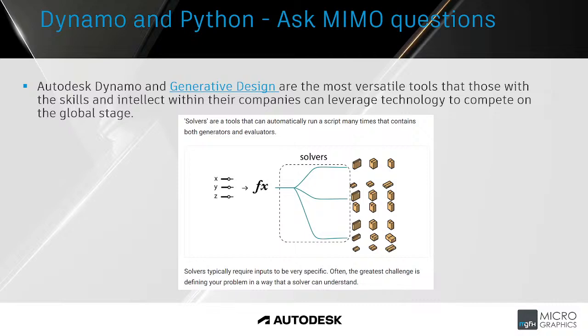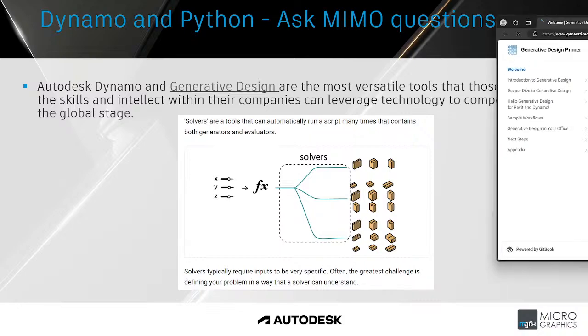And to use Generative Design, Dynamo and Python, you only need a Revit license. A Revit license is sufficient. You don't need an AEC license. And in essence, what is happening here is that the Generative Design platform is something that Autodesk has put together.